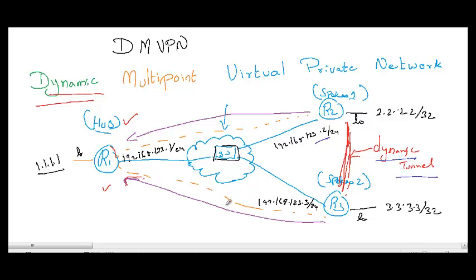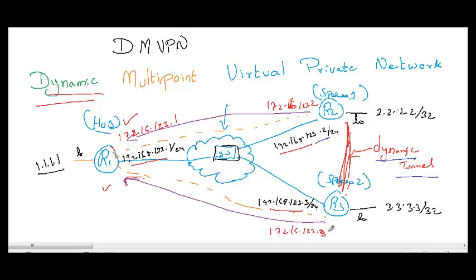For doing this, the IP address alone is not enough. This is a public IP address which you ping. On top of it, you need a tunnel IP address. So let us use tunnel IP addresses like this: 172.16.123.1 here, 172.16.123.2 here, 172.16.123.3 here.